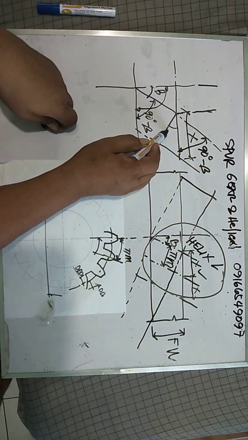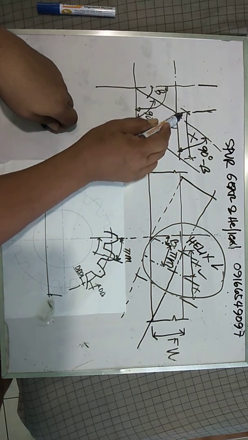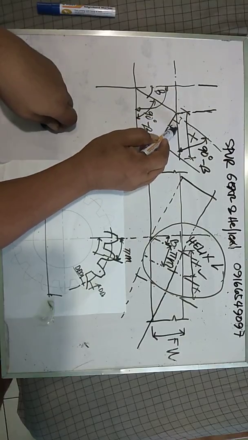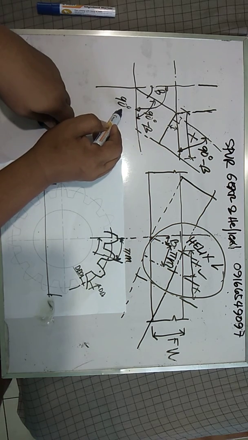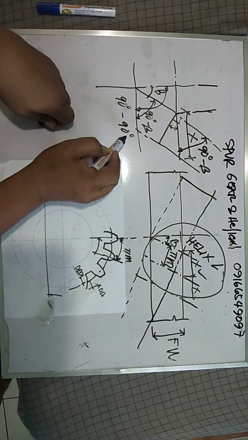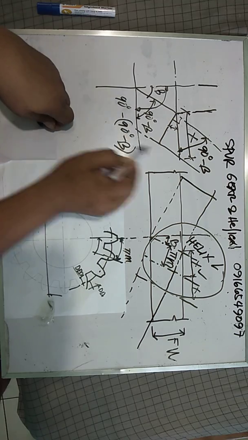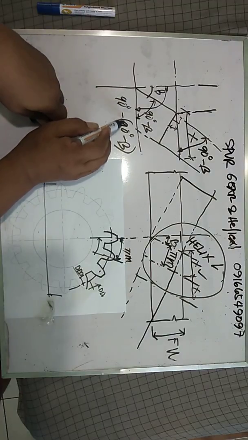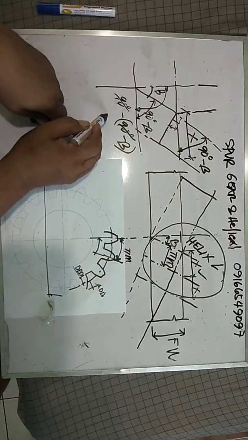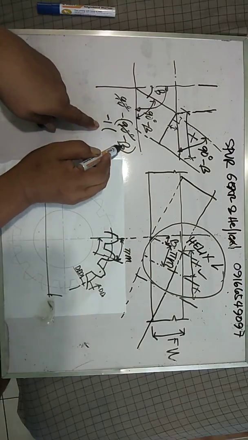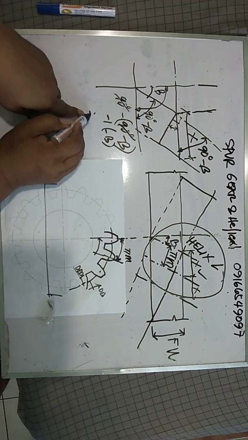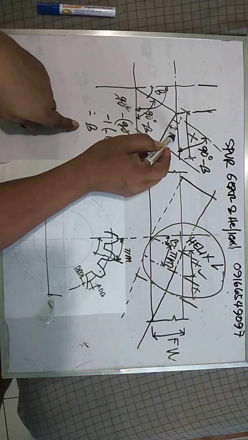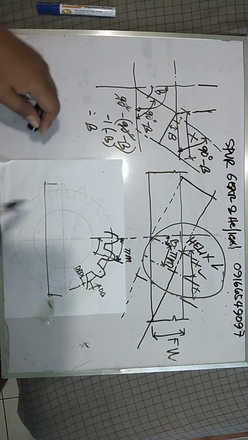And this one also, if this is 90 and this is 90, so this is equal to 90 degrees minus (90 degrees minus beta). So that becomes 90 degrees minus 90 degrees, this is 0. Minus 1 times minus beta is equal to positive beta. So this is also beta.